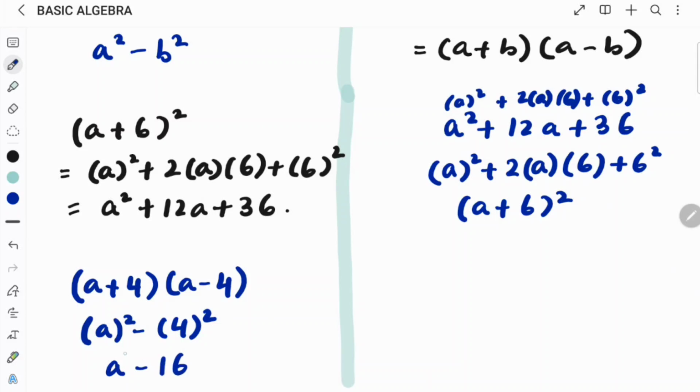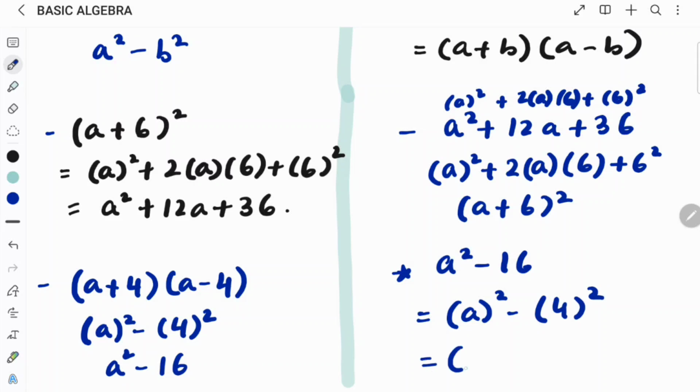If you have a square minus 16 in a question of factorization, then what do you do? You will write it as a square minus 4 square, and then you can write (a plus 4) and (a minus 4). It means you can see brackets everywhere: we get brackets in the answer of a factorization question, and brackets in the question of an expansion.